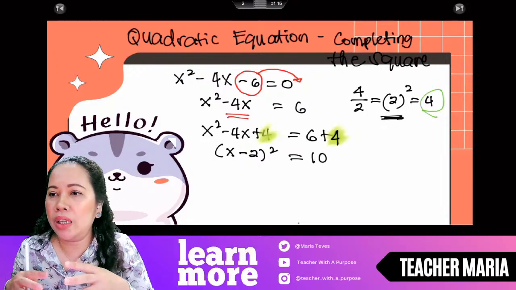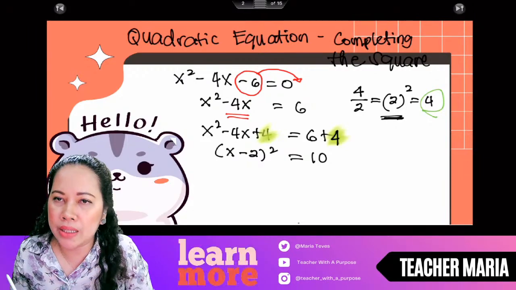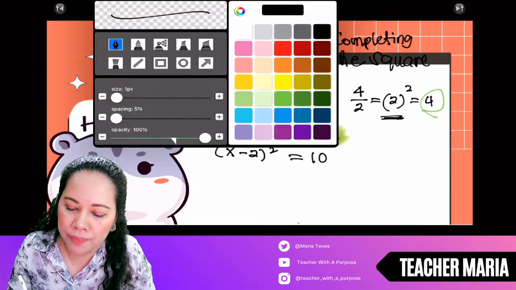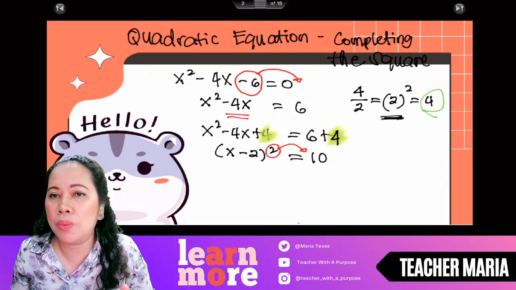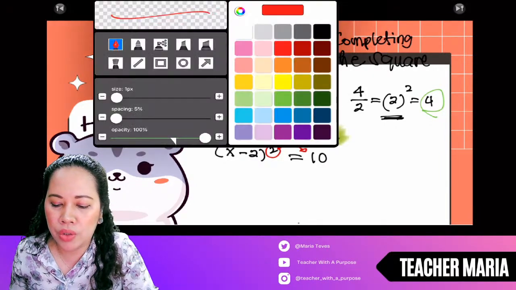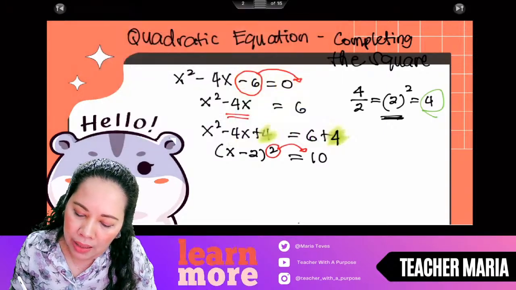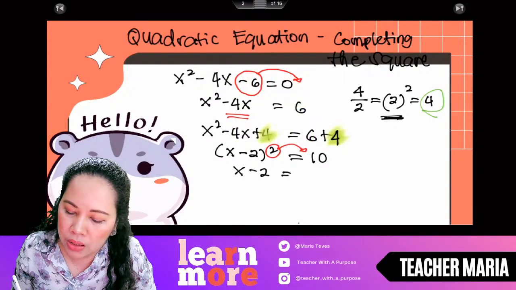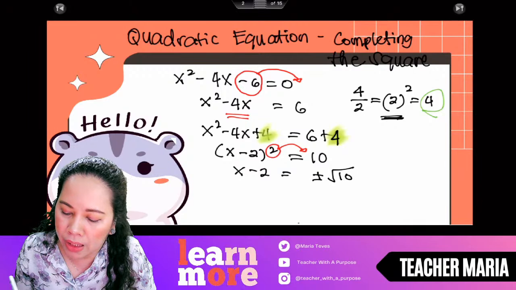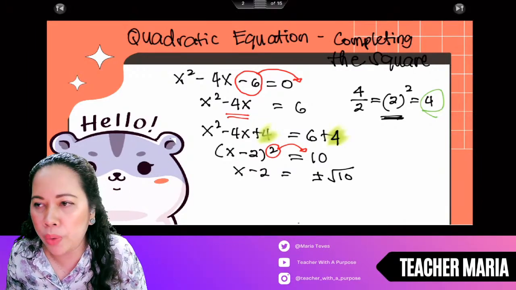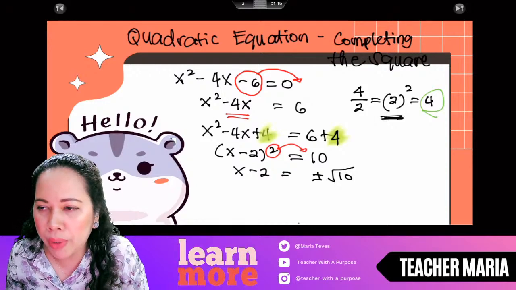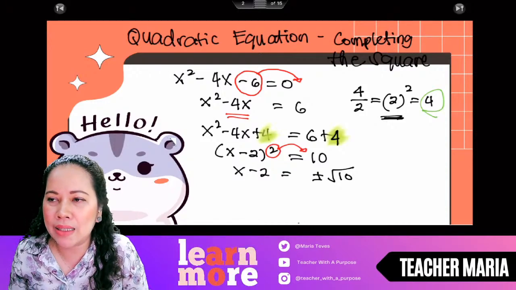Once you have done that, you transfer the square to the other side, and it will become a square root. So you will have x minus 2 equals plus or minus the square root of 10.